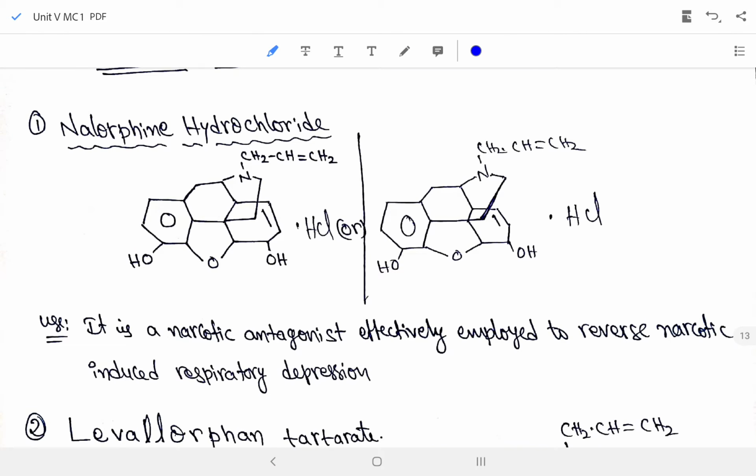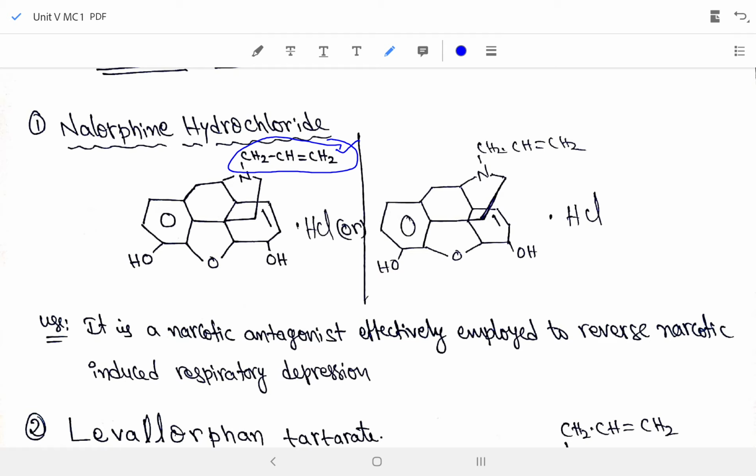As I told you in the beginning itself, the structure of antagonists will be very similar, just changing the side chain attached to the nitrogen. If the nitrogen substituent is changed to an allyl group, it will turn the morphine into an antagonist. Morphine-type drugs can be changed into antagonistic agents by just changing the substituent on nitrogen.